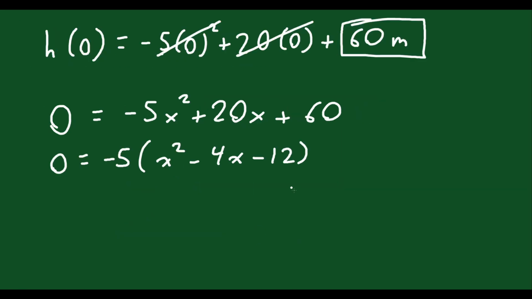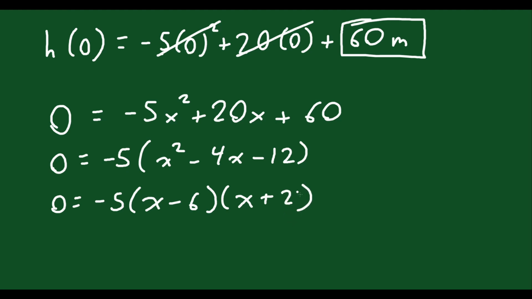I think negative 6 and positive 2. So we'll have x minus 6 and x plus 2. And from there you could say, all right, let's solve for x. So x minus 6 is equal to 0, and x plus 2 is equal to 0. Solve for x in each case. X equals 6, and x equals negative 2.